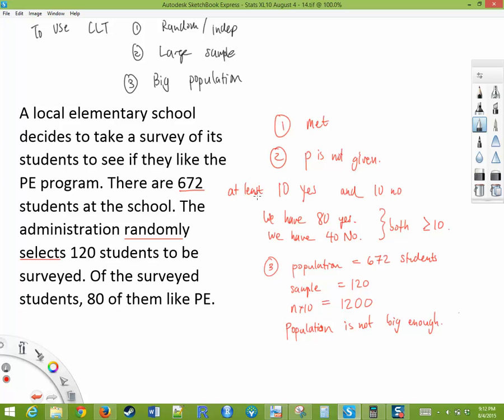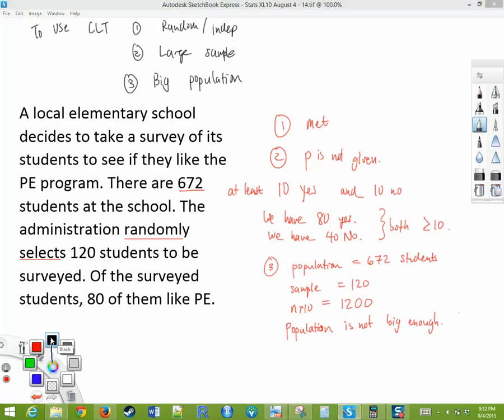But on the quiz I'm going to separate it out. I'll do checking the conditions as problems in themselves, and for the other problems I'll say the conditions are met, do the problem. Like if 30% of the candies in the tub are orange, and you take a sample, what's the probability you get 40% orange or something like that?